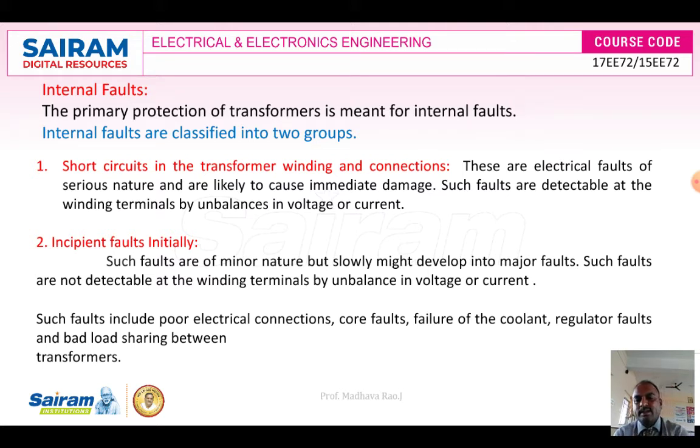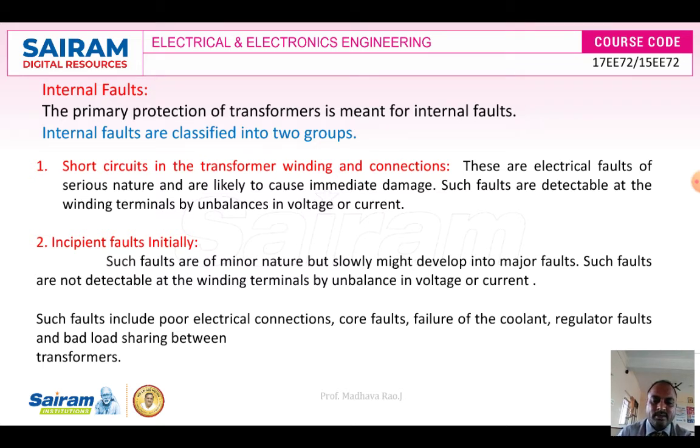Coming to incipient faults, initially such faults are minor in nature but slowly might develop into major faults. Such faults are not detectable at the winding terminals by unbalance in voltage or current, so we cannot directly check them.